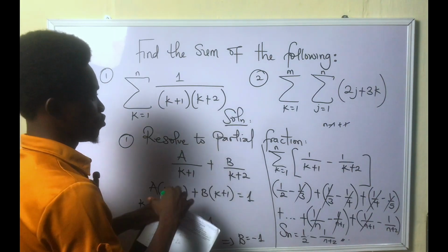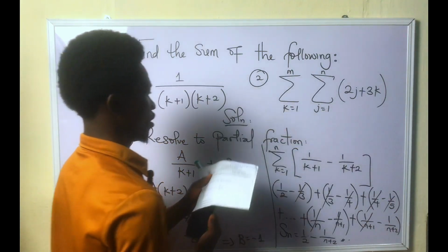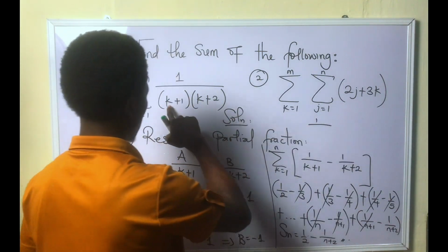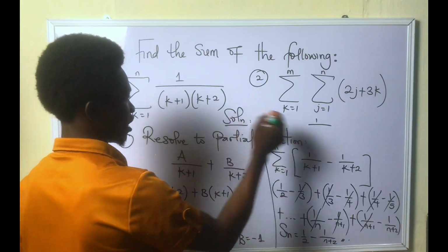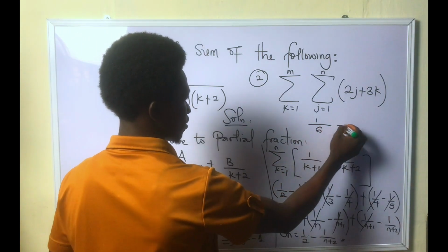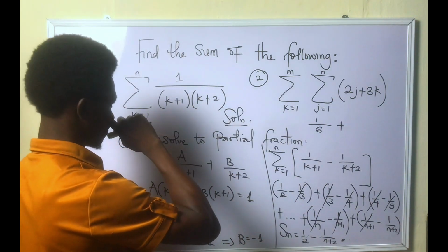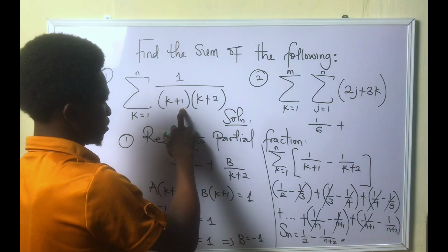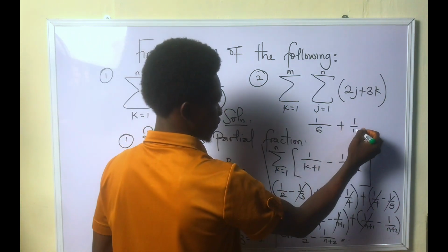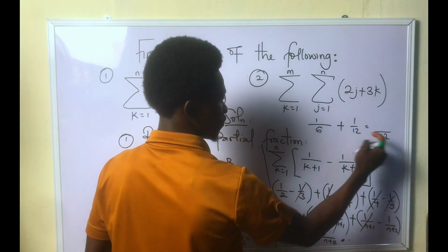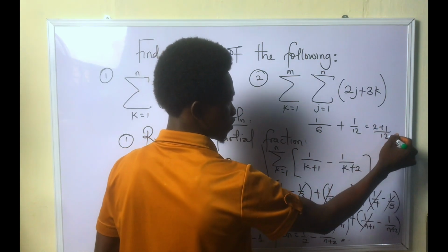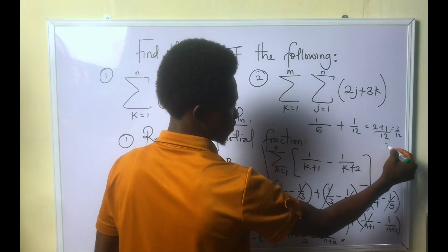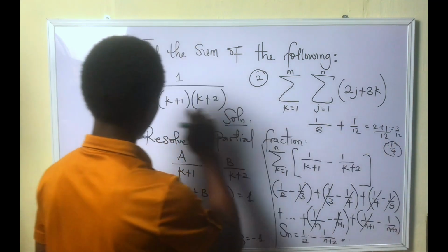When k is 1, that's going to be 1 over 2 times 3, that's 1 over 6, plus when k is 2, that's 3 times 4, that's 1 over 12. So this is basically 2 plus 1, that's 3 over 12, and that's 1 over 4. That's the sum of the first two.